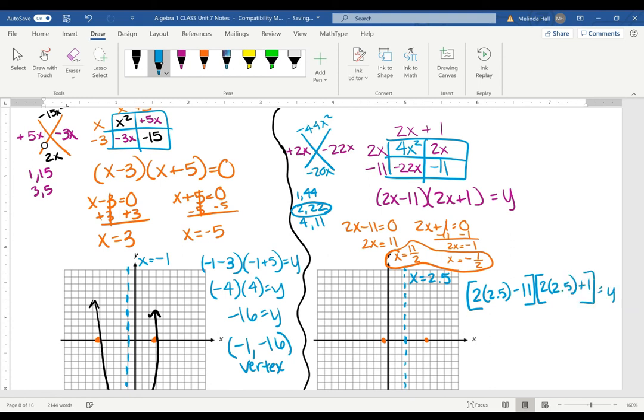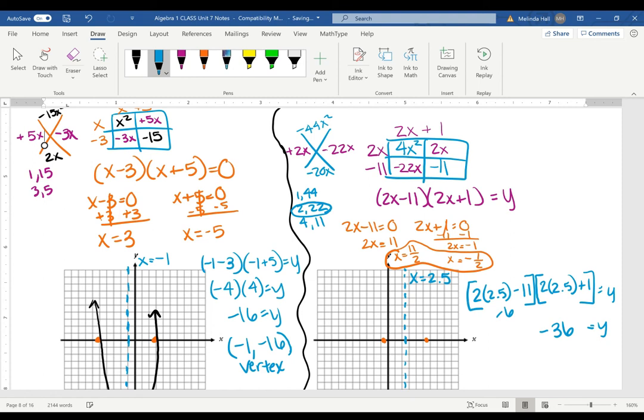And so then when we plug in 2.5 to get our vertex, we'd have 2 times 2.5 minus 11 times 2 times 2.5 plus 1. And so that should give us negative 36. Does that sound about right? That'd be negative 6.